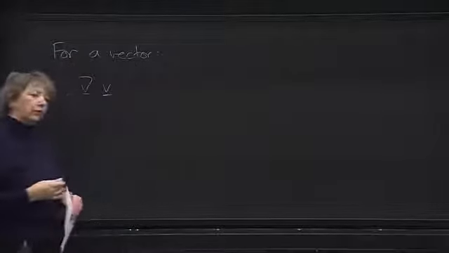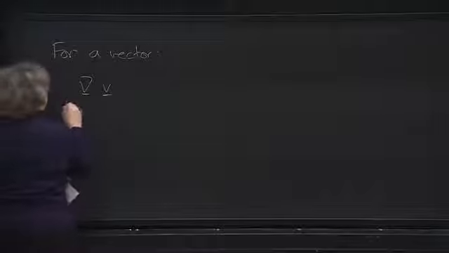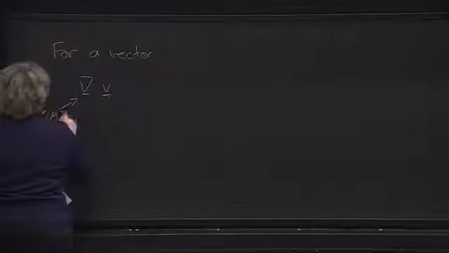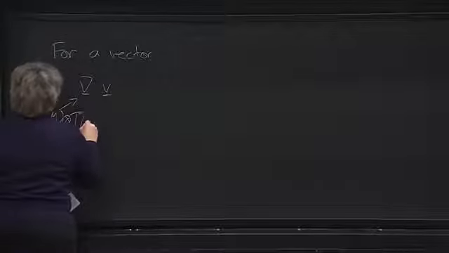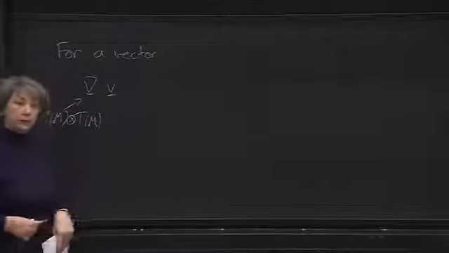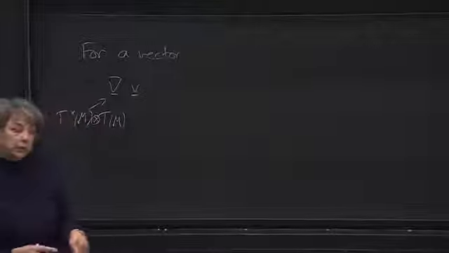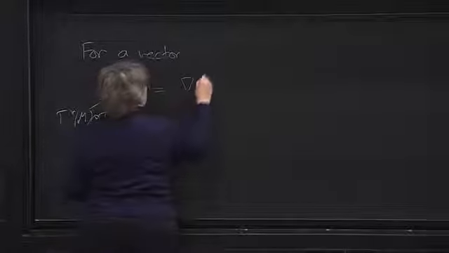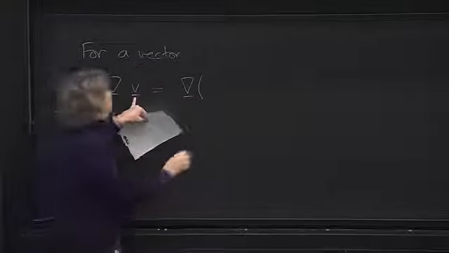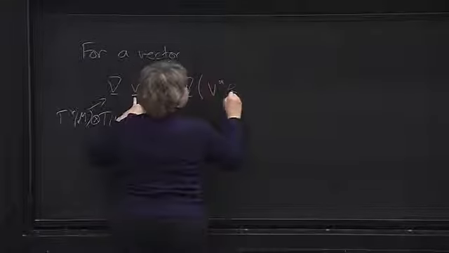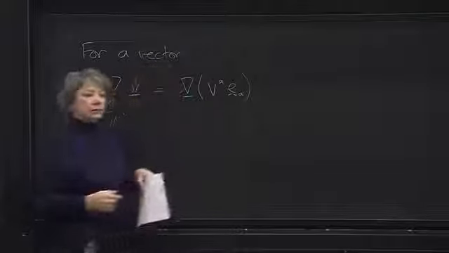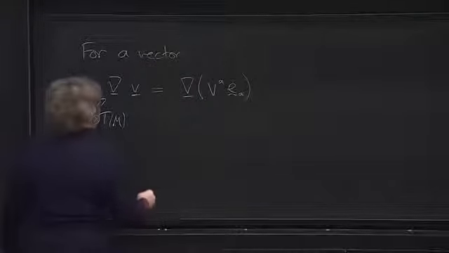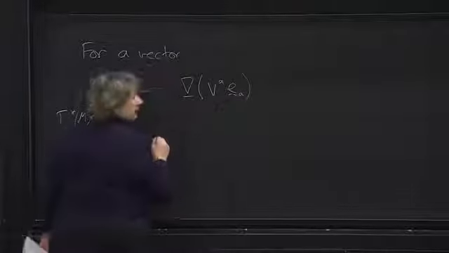So this is the geometric thing. This here is an element of T star of M, tensor T of M, as a vector field. It's got a covariant and a contravariant part. So if I ask what this is, well, the vector can be decomposed with respect to the basis E_A. Now I look at what this is.